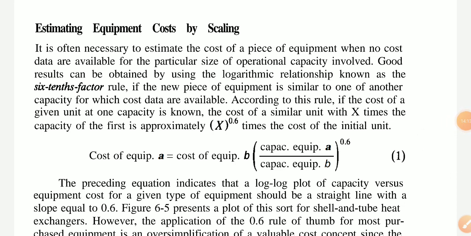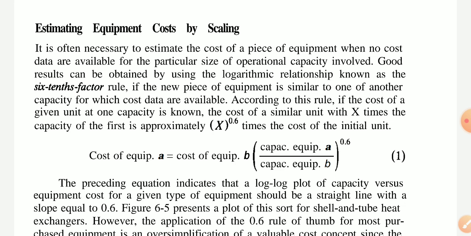It is often necessary to estimate the cost of a piece of equipment when no cost data are available for the particular size or operational capacities involved, and a good result can be obtained by using the logarithmic relationship known as the six-tenths factor rule.